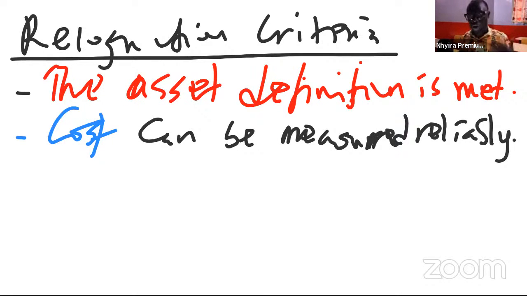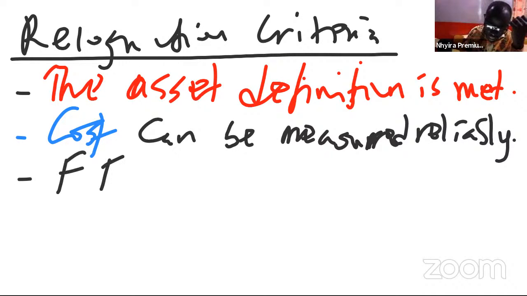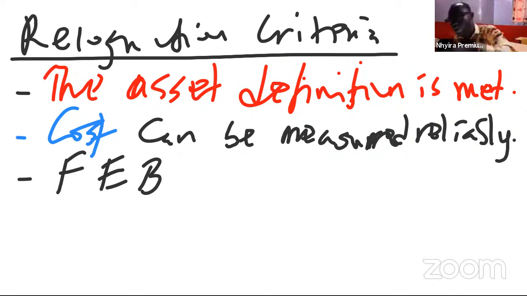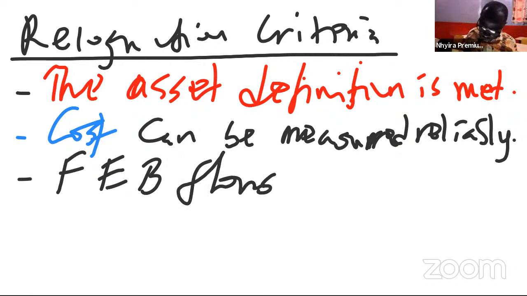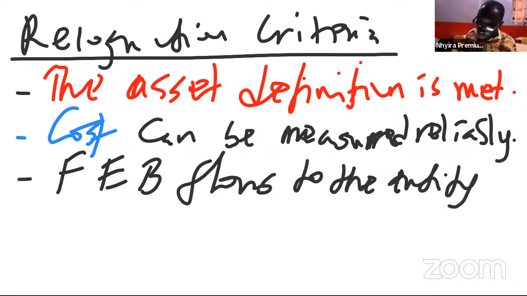Not only that, future economic benefits must flow to the entity. Future economic benefits from the usage or service potential in the asset. So will future economic benefits substantially flow to the entity? If yes, we go for it. If no, then we cannot go for it.